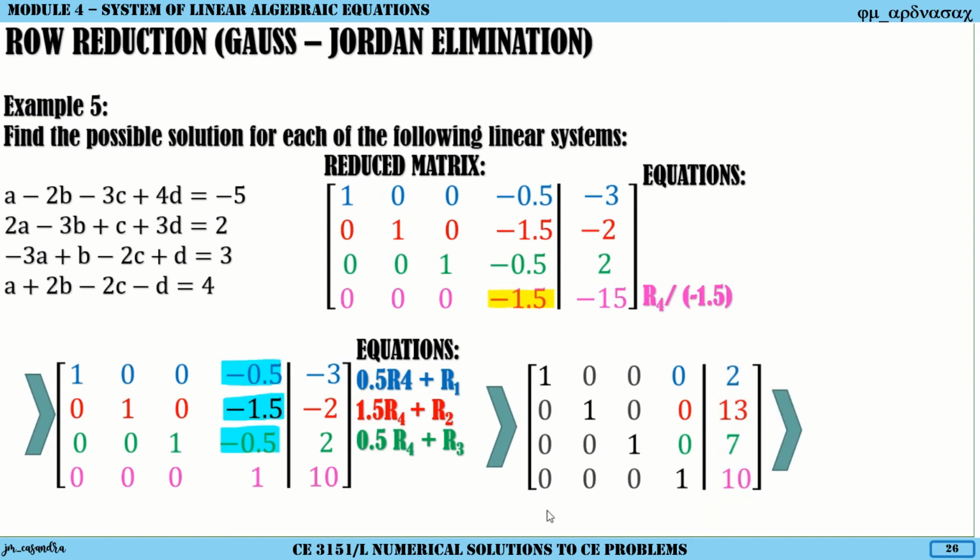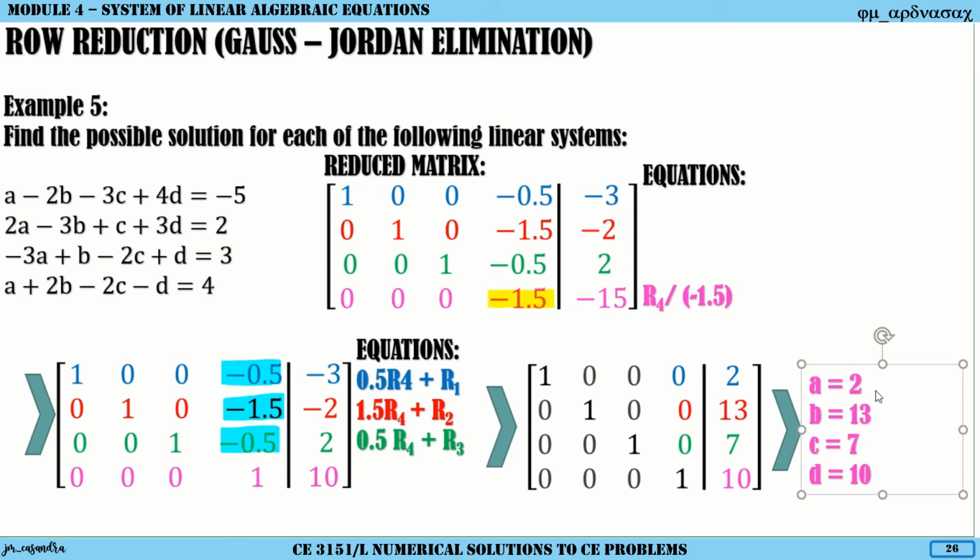So in this case, the values of our A, B, C, D are now computed with this constant. We could write the values of each of our variables as A is equal to 2, B is equal to 13, C is equal to 7, and lastly D is equal to 10.